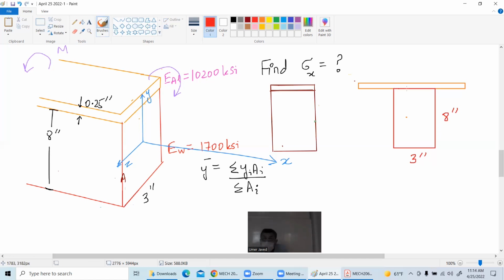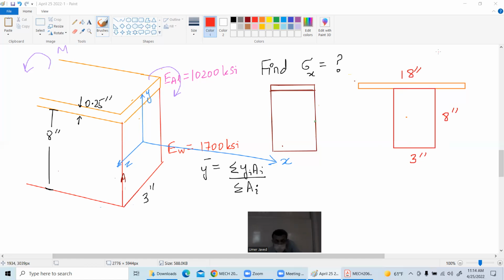If this is 3 inches, then this total width will be 6 multiplied by 3, right? Why don't you use a calculator and do this for me? Does it come out to be 18? 6, sorry. So 6 multiplied by 3 is 18, okay?